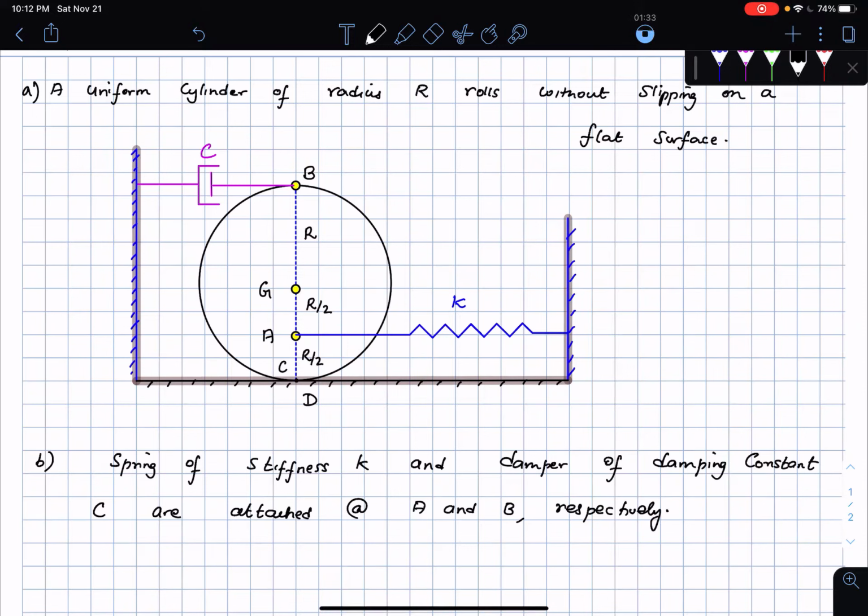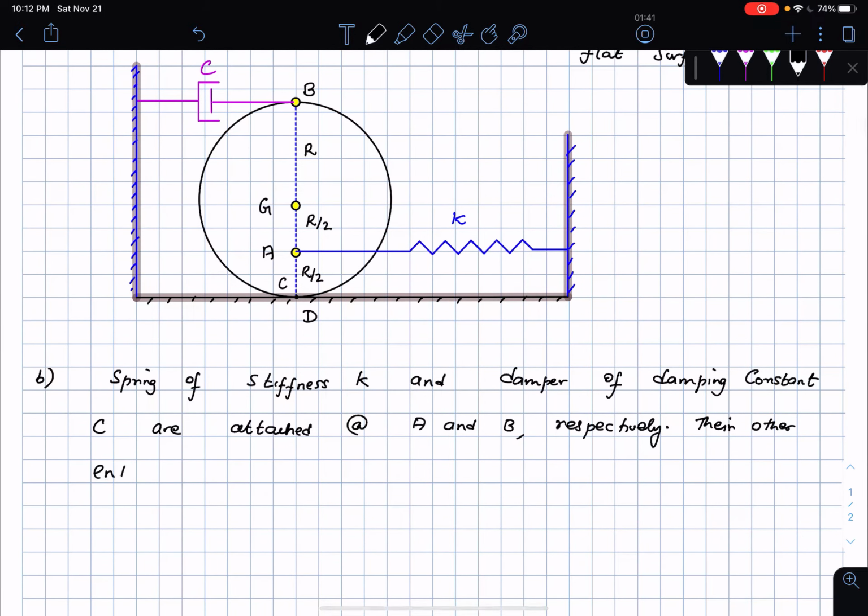Their other ends are attached to a fixed wall.